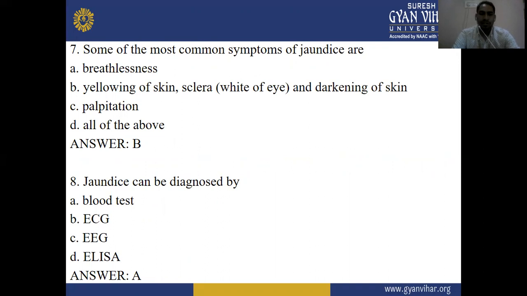Next question: jaundice can be diagnosed by. Option A, blood test. Option B, X-ray. Option C, ECG, and option D, ELISA. The right answer is A. Blood tests diagnose jaundice.